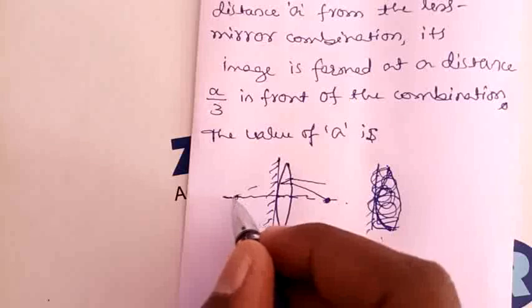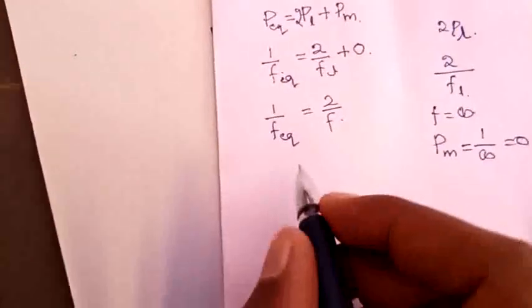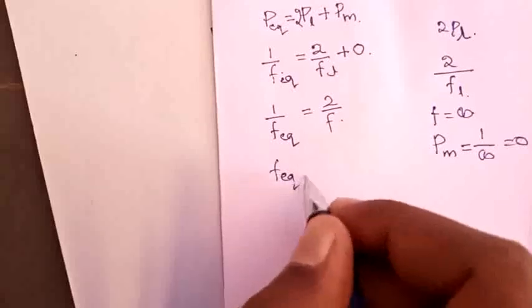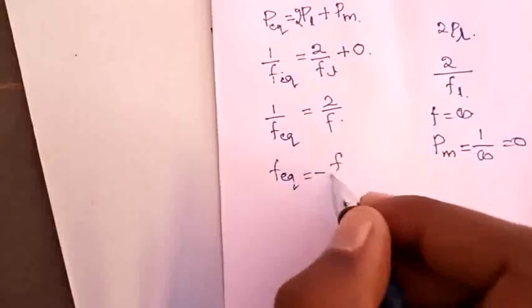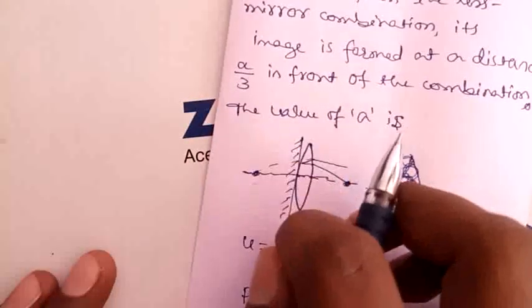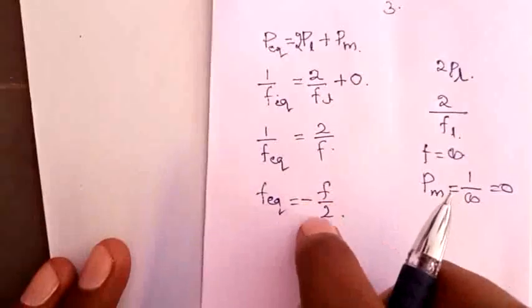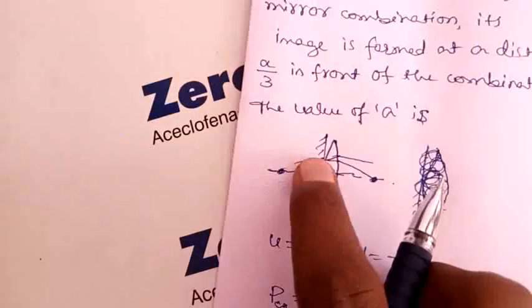Now the equivalent focal length can be taken as negative here, okay. So that is why the equivalent focal length FEQ is equal to minus of f by 2, okay. Then it acts like a concave mirror. This combination acts like a concave mirror because you got a negative focal length.